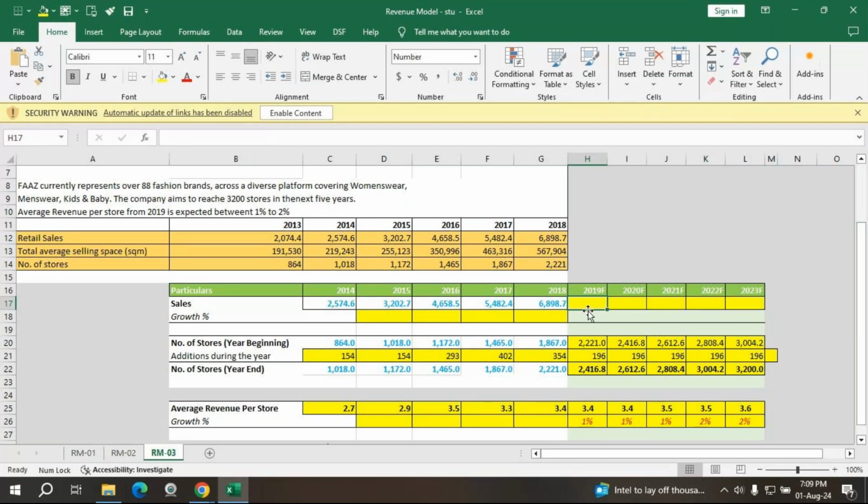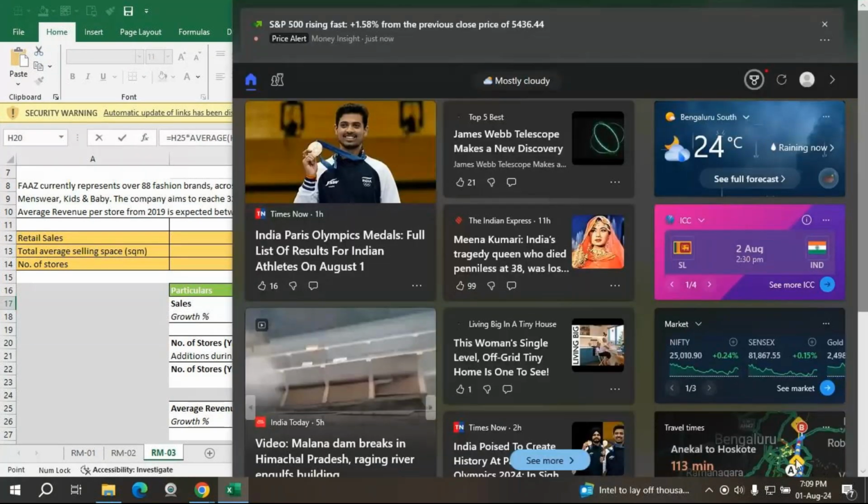So what is the average revenue per store that has happened in this year? So equals, take this average revenue per store into the average of the beginning number of stores, comma.